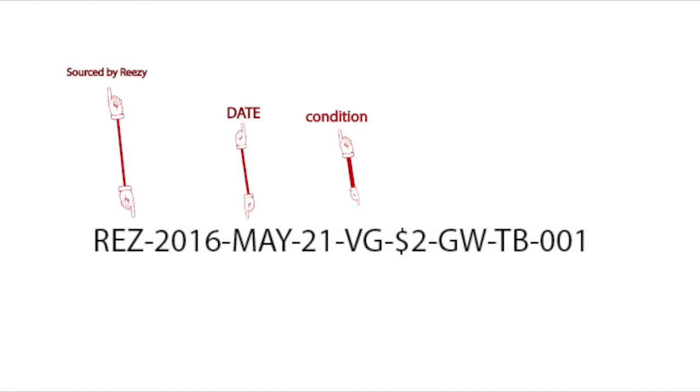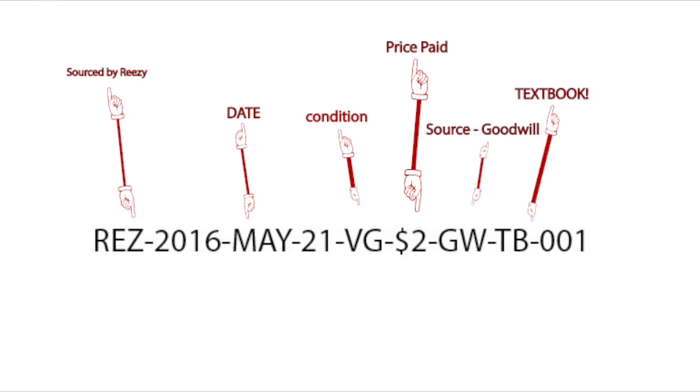I can look at my SKUs and my sales and tell you exactly where that book came from, when it was listed, the condition it was in, who the sourcer was, was it a textbook, different things like that. And that's so useful, to just be able to gain insight like that by merely looking at a SKU.